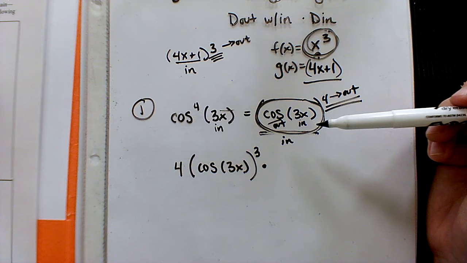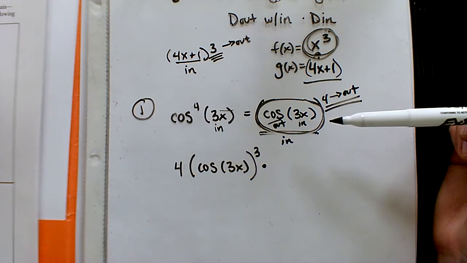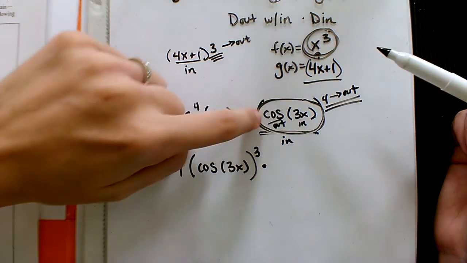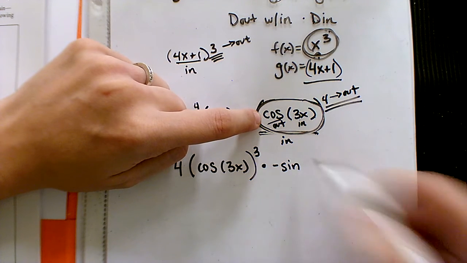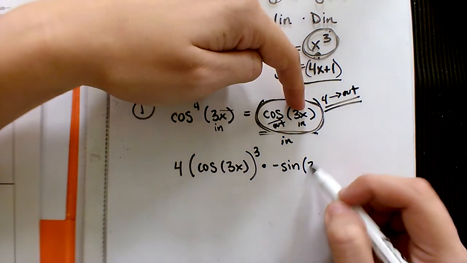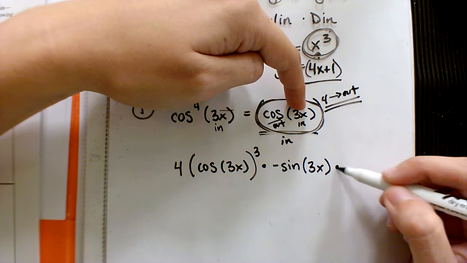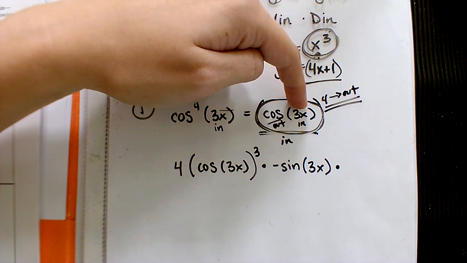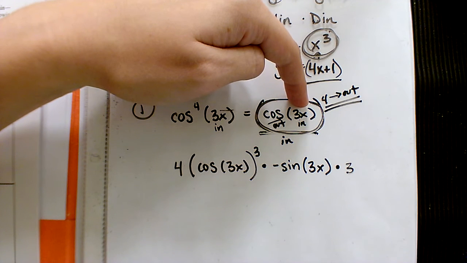So we're going to have another chain rule. So to find the derivative of the inside, we're going to go through the chain rule process again. We need the derivative of the outside, which would be negative sine, keep the inside, which was 3x, and lastly, we got to multiply by the derivative of the inside, which can be just 3.